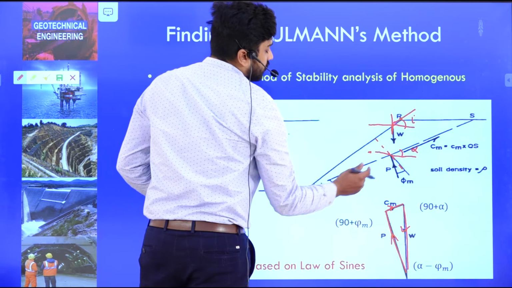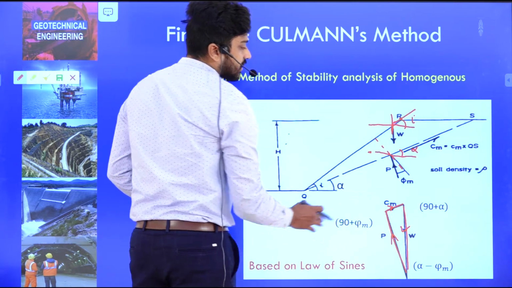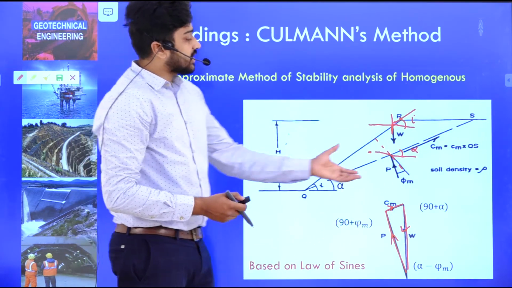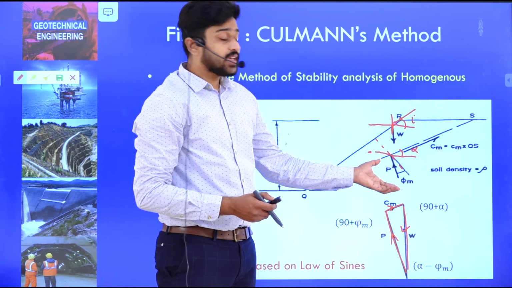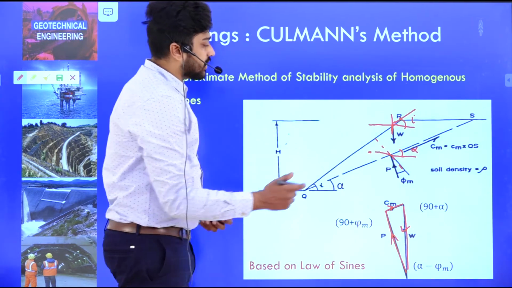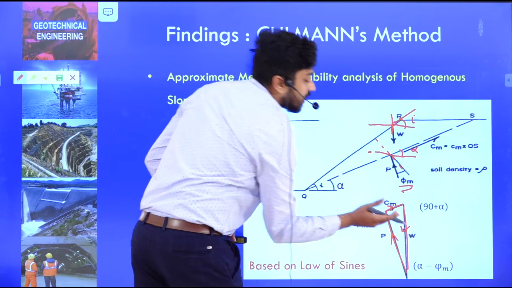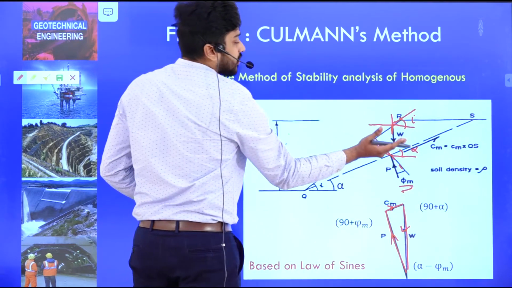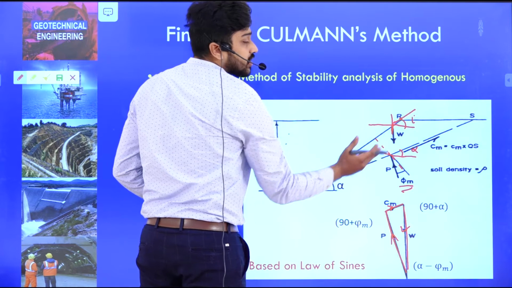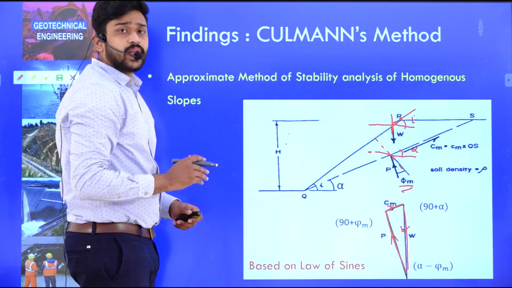Okay, so now as per our understanding, let us say the resultant P is making an angle phi m with the normal plane, which is normal to this plane of failure.